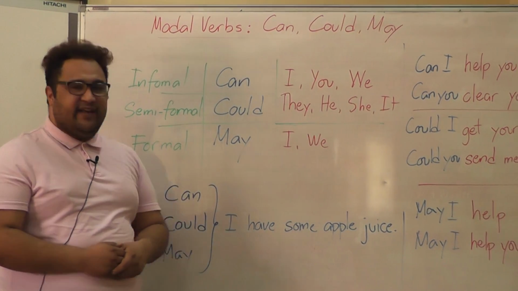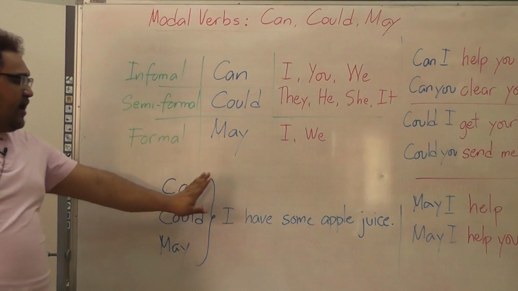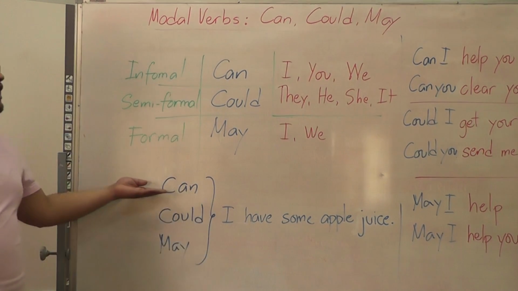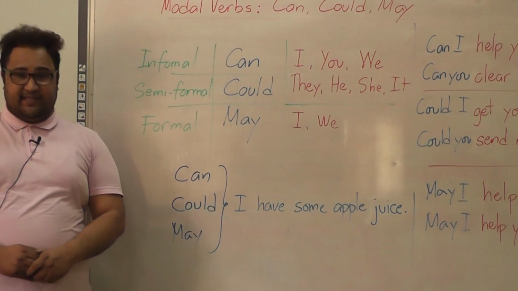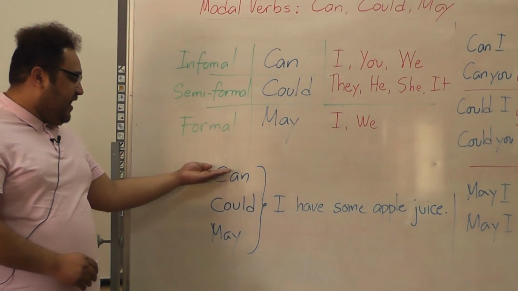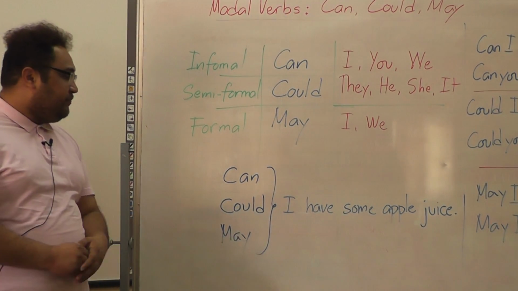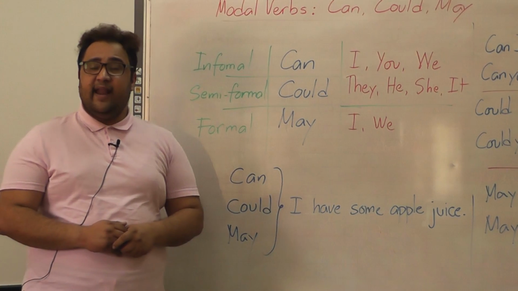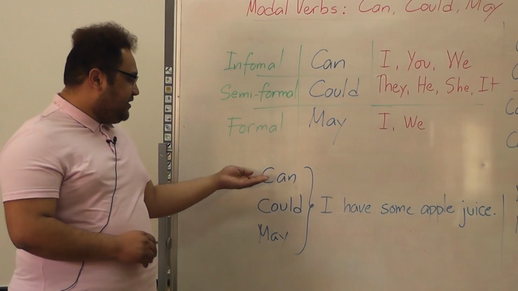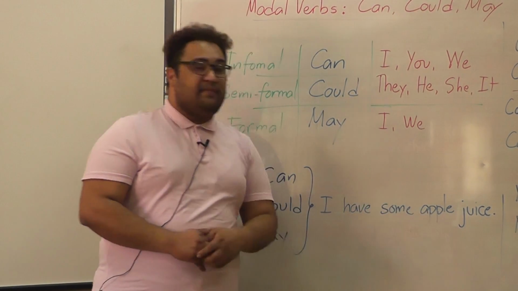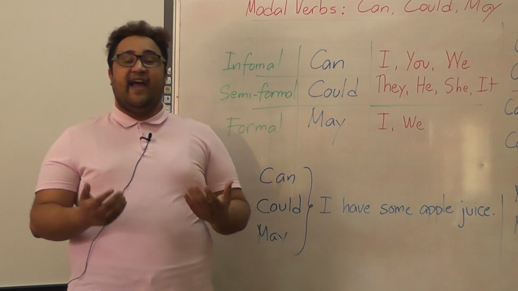Okay, let's have an example here. We have one sentence in 3 different modal verbs. Okay, we have can, could, and may. Let's talk about the first one. Can I have some apple juice?